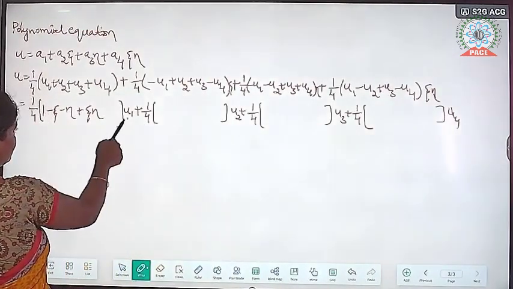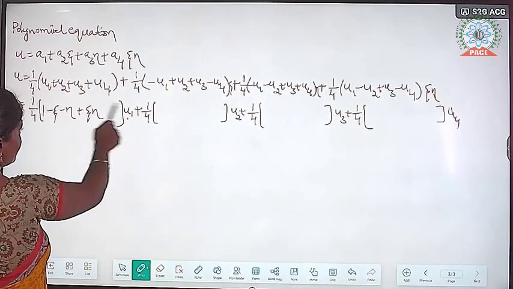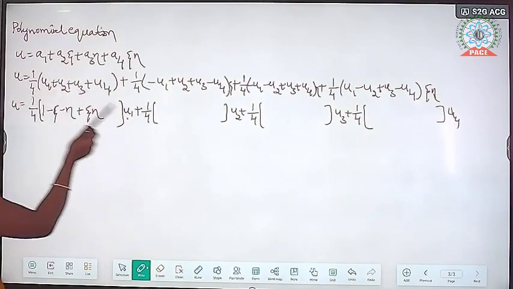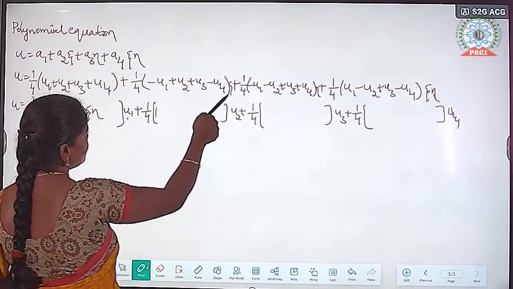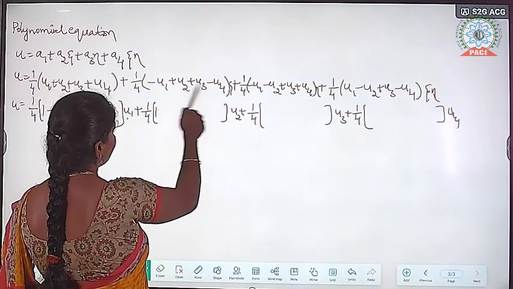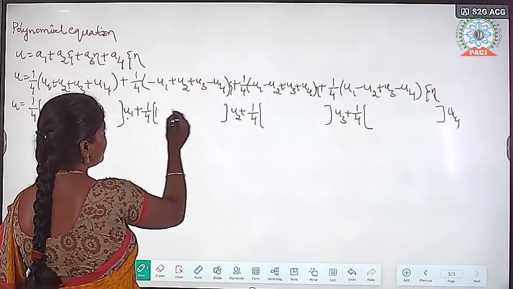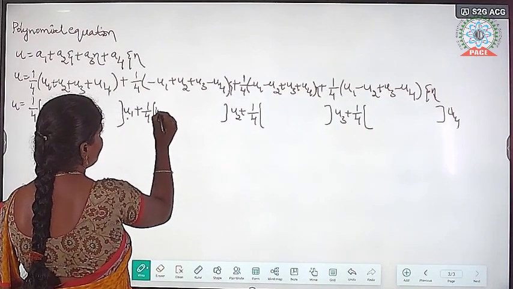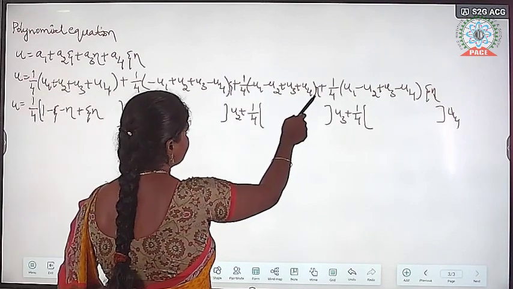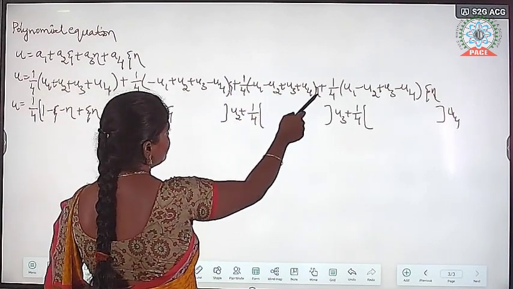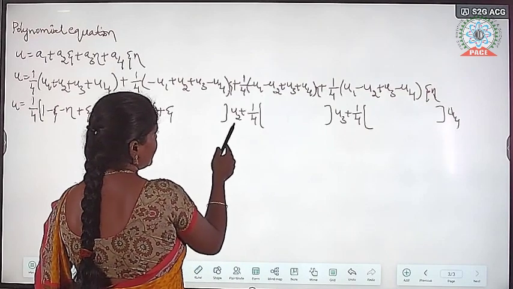Next again u2 term. So here the u2 term is taken as 1. Again the xi coefficient here is xi into u2. So u2 is taken as common and the remaining term is plus xi. Again eta term. So minus u2 into eta. So u2 is taken as common, here the remaining is minus eta.